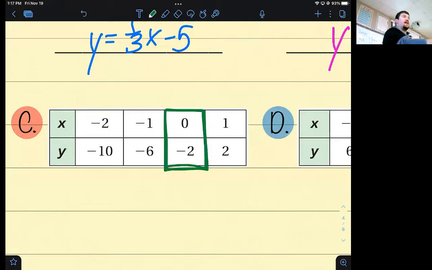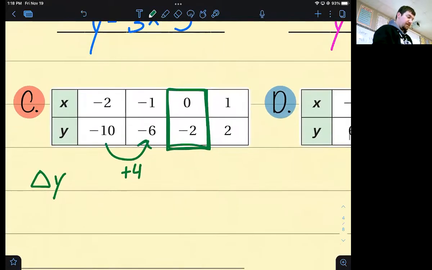I actually like the tables better than the two points. Here's why. To find my rise, I have to find the change in y. To go from -10 to -6, are they adding or subtracting? Adding 4, so my rise is 4. My run is the change in x.